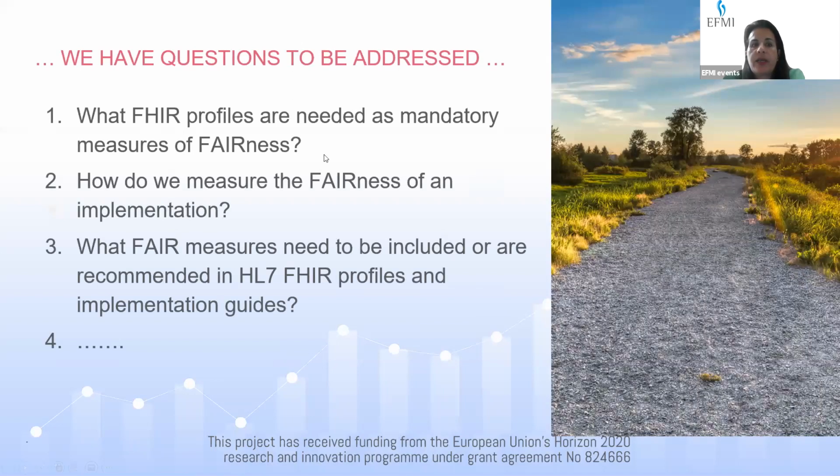Yes, so I was inspired actually by the first question, and we saw some really good tools that you developed, and I wonder, you as developers that have done the work, what do you think are the priorities? Where would you start in terms of profiles that need to be mandatory for fairness? Maybe Merck or Anil could take this.